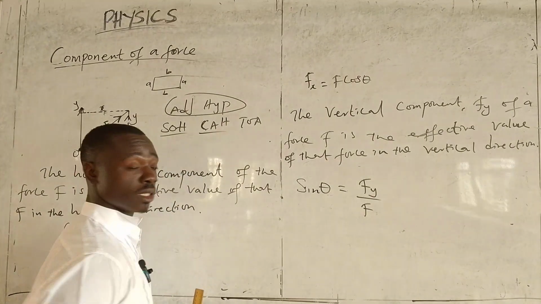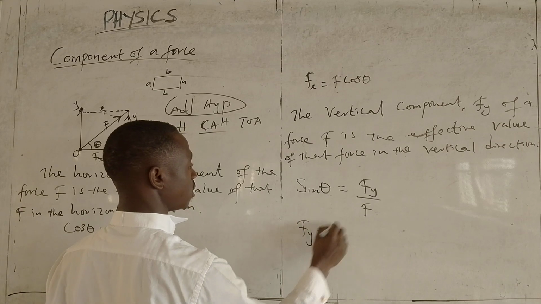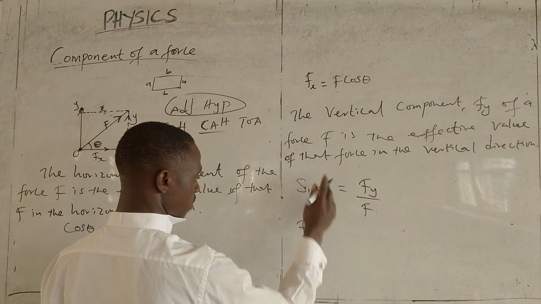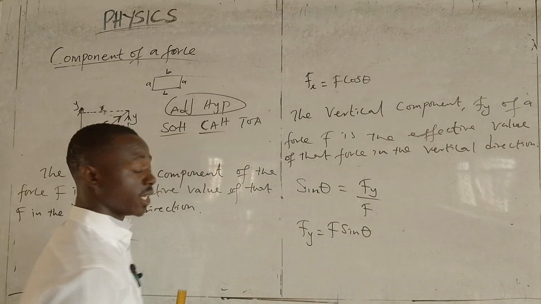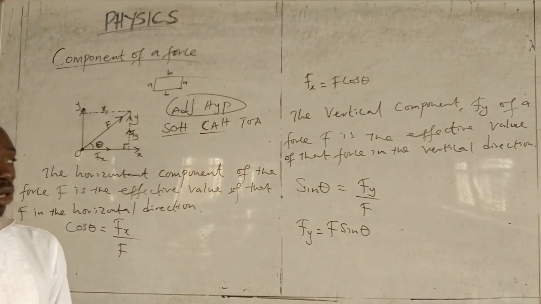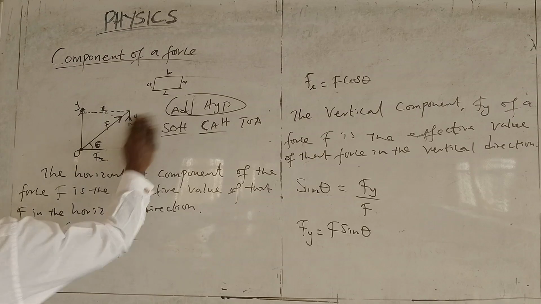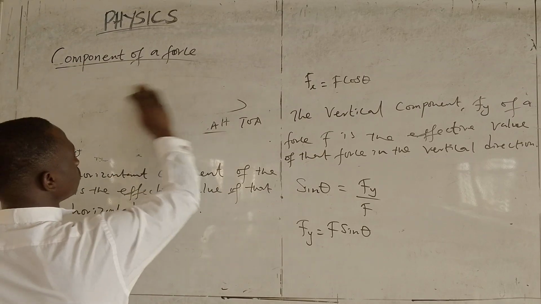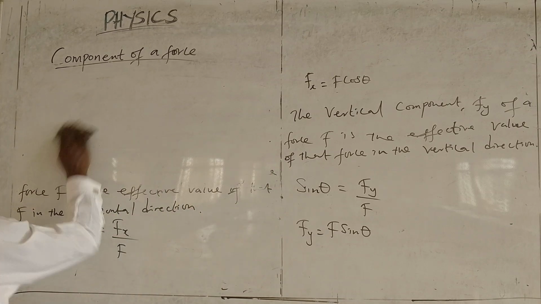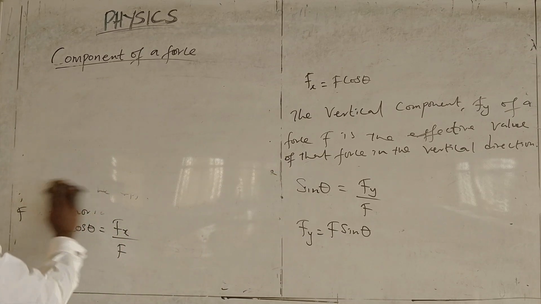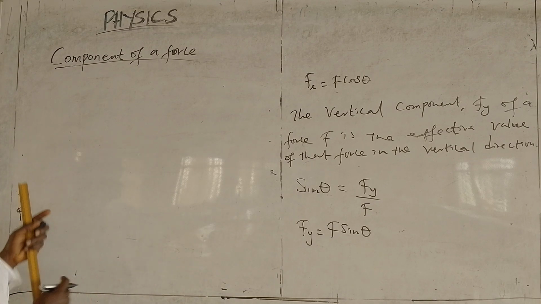Now let's make Fy the subject of the formula. Cross multiply, we have Fy equals this times this, F sine theta, where Fy is the vertical component. Now, for you to relate with this better, when we were very young, we played with toys.